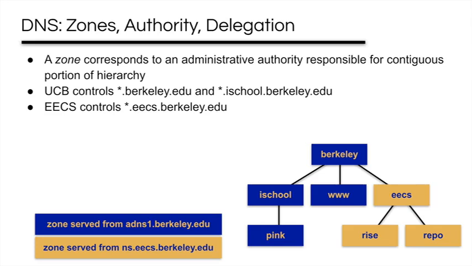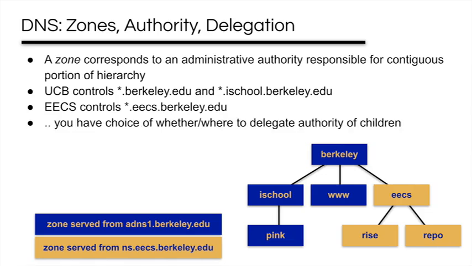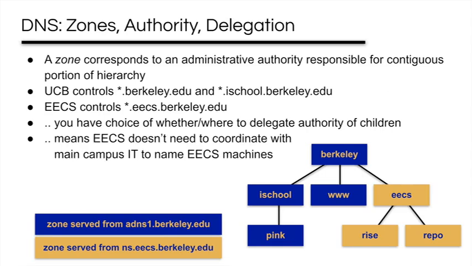But then Berkeley has delegated the authority for Eeks and below to a different name server. So a different name server serves rise.eeks.berkeley. And this means that you have a choice about whether and where you want to delegate authority to children. It basically means that Eeks doesn't need to coordinate with main campus IT in order to make domain names for Eeks machines.